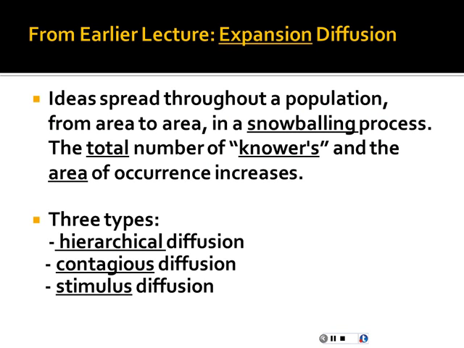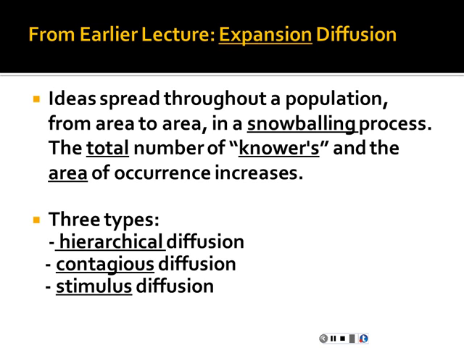So when we're thinking about expansion diffusion, this is where you end up having more people knowing the culture. Hence the name, expanding, right? More people. Now, sometimes you can have culture spreading where the total number of knowers doesn't really increase. For example, with migration, let's say an individual of the Muslim faith moves to a new country.